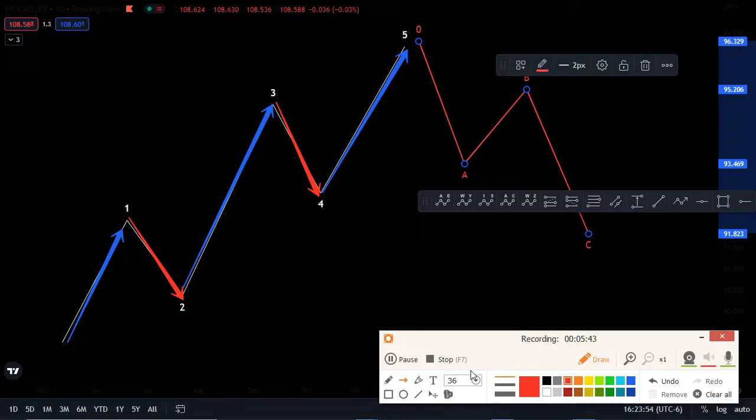The structures are called corrective because each one appears as a response to the preceding motive wave. What do we mean by this? We all know what a correction is. These corrections, which are wave 2 and wave 4, which are under the corrective mode, are a response to the action of these waves which are under motive mode, which is 1, 3, 5.